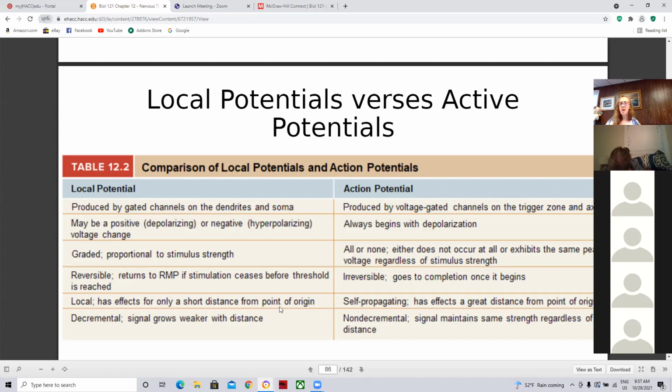Local potentials are only effective for short distances from the point of origin. Action potentials are self-propagating. They have the greatest effect from the point of origin.